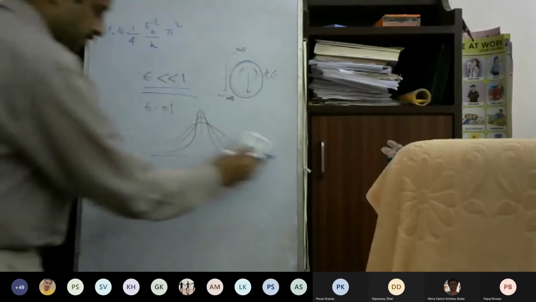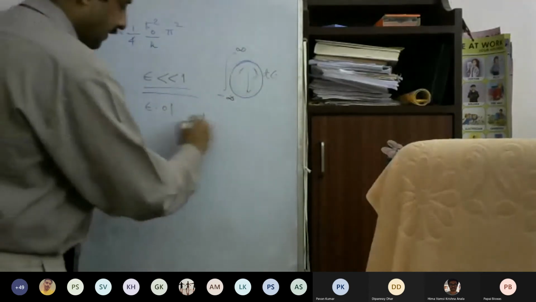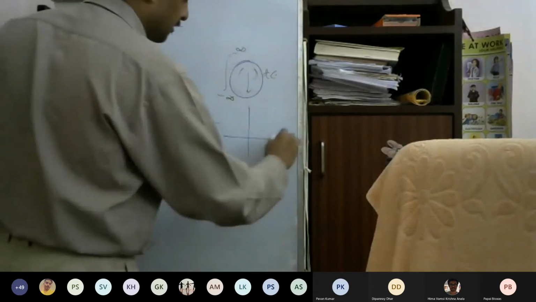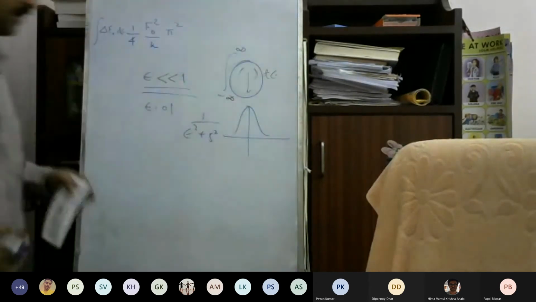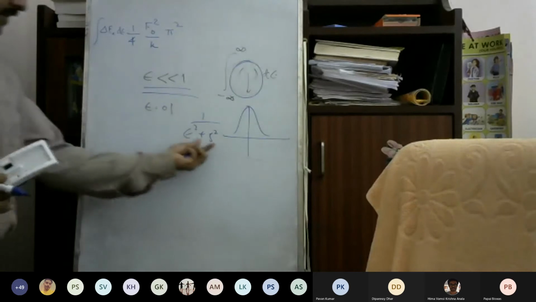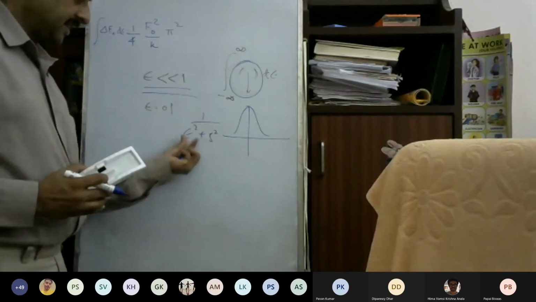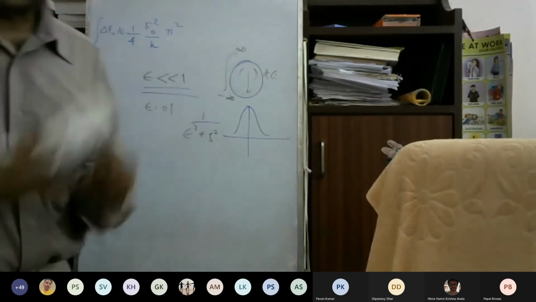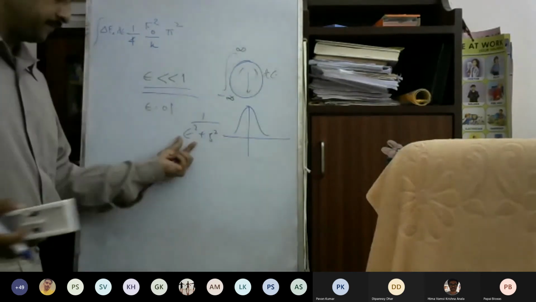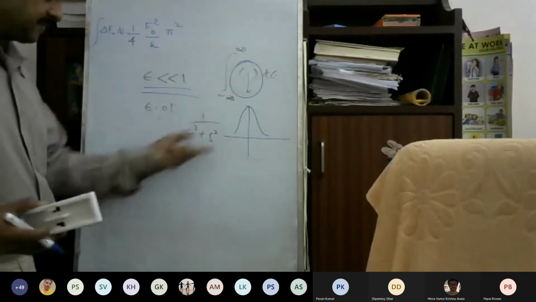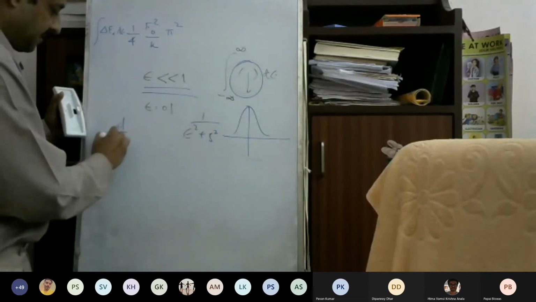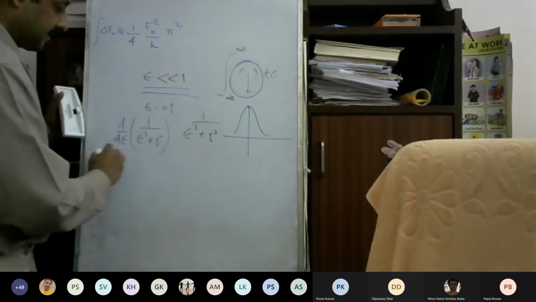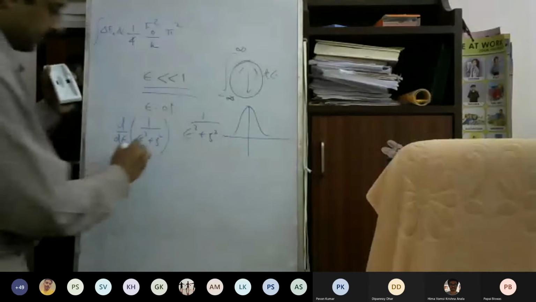But the same function, if you draw the function 1 by epsilon square plus zeta square, okay, this function actually drops down very fast. If zeta is very large, then this function will drop down quite fast if you go away from 0. Okay. Because the rate of decrease you can find out, the epsilon of 1 by square zeta square. So this becomes equal to 2 zeta.